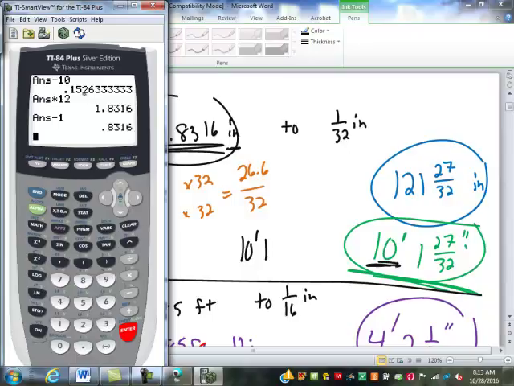Every time what I'm doing is taking off what's in front of the decimal point and leaving what's behind the decimal point. Now that 0.8316 I want to the nearest 32nd, so it's times 32. 26.6. So that's where I got my 27 32nds.